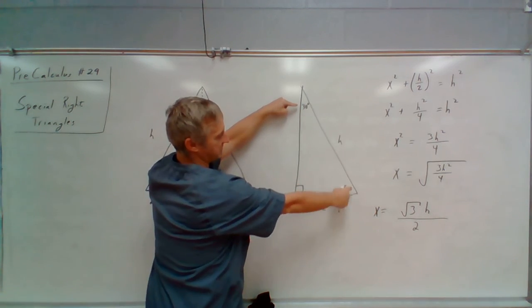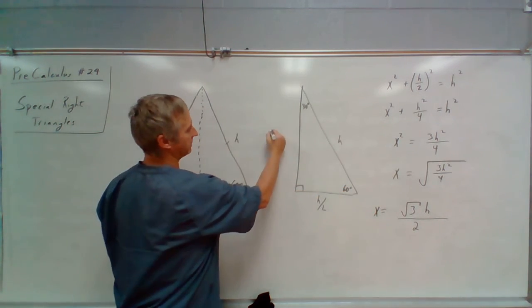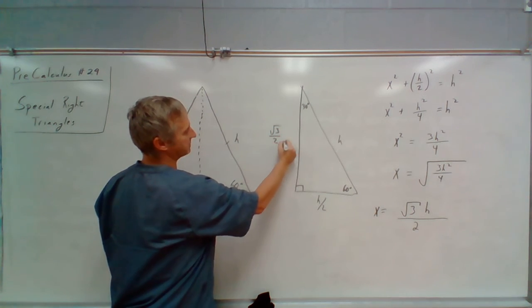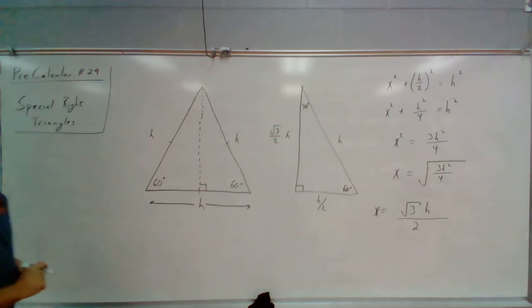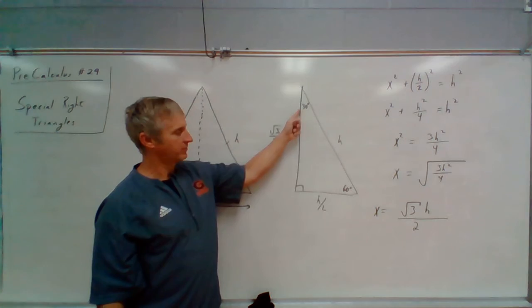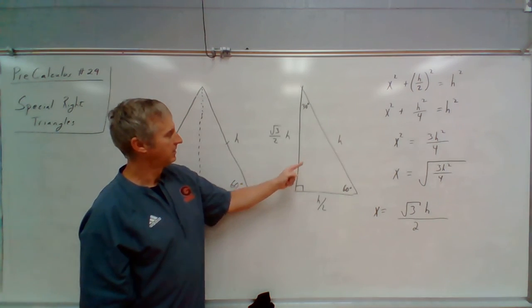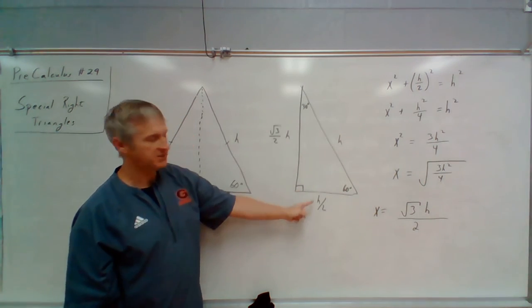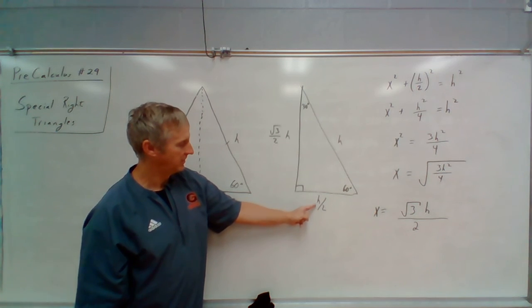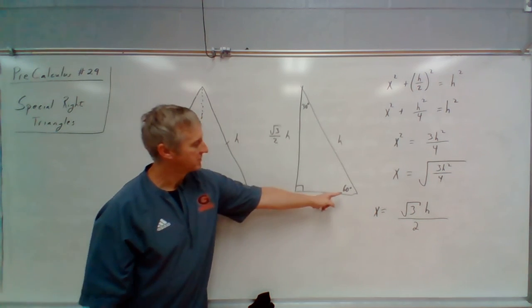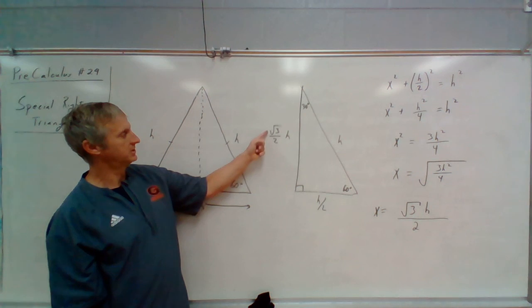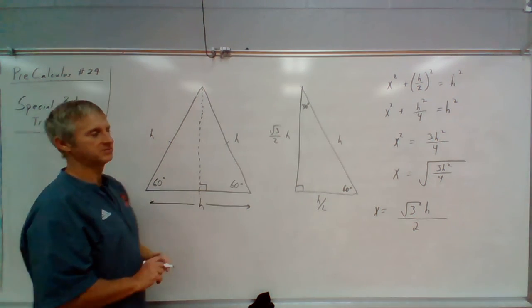The side opposite the 60 degree angle is the square root of 3 over 2 times h. Okay, so let me say that again. In a 30, 60, 90 degree triangle, the side opposite the 30 degree angle is half the hypotenuse. The side opposite the 60 degree angle is the square root of 3 over 2 times the hypotenuse.